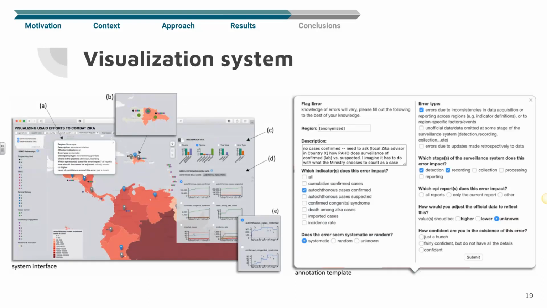So here is the system that they developed. Basically, you can click on anywhere in the map and it'll pull up this dialogue, which is like a questionnaire about the error, where it asks you to define all those characteristics that we talked about.